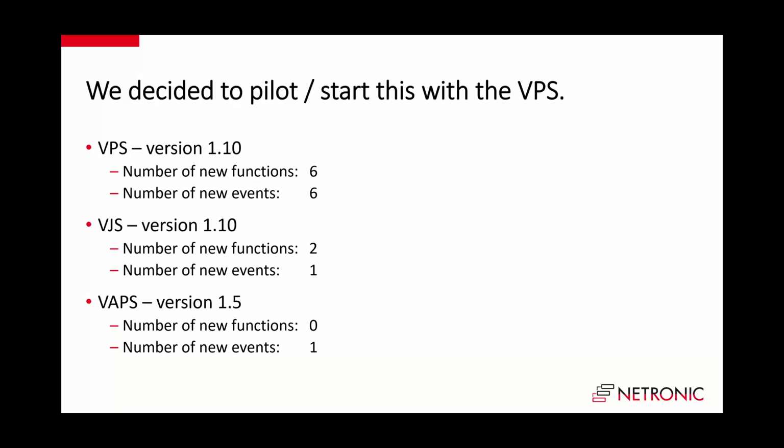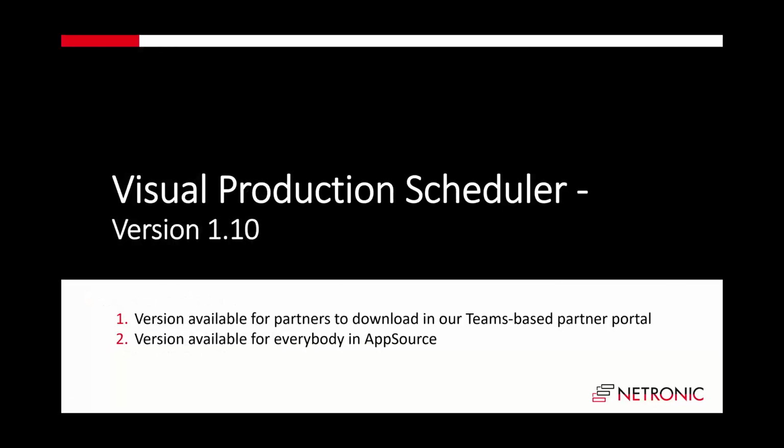We also already did a few first things with respect to VJS, where we have 2 new functions and 1 event, and with the VAPS, where we don't have a function right now, but there is at least 1 event that we built for 1 client, and I can tell you about the use case later, which I think is quite interesting. So with this kind of preface, let's look at the VPS.